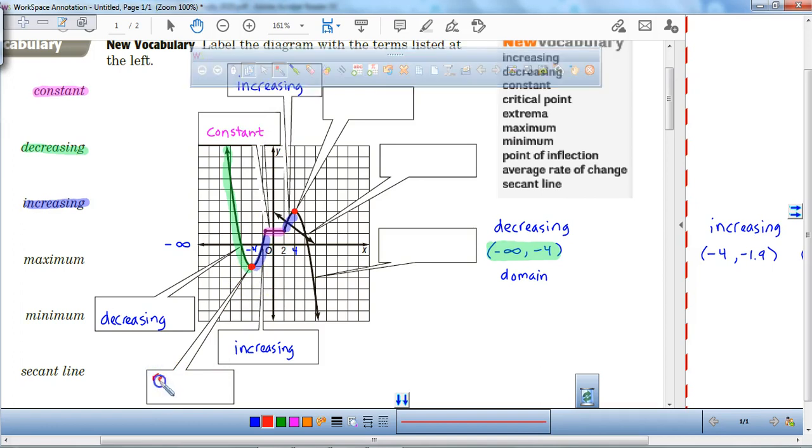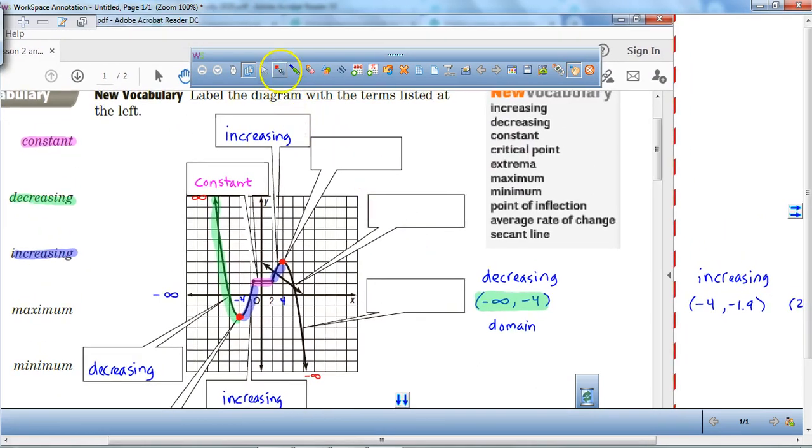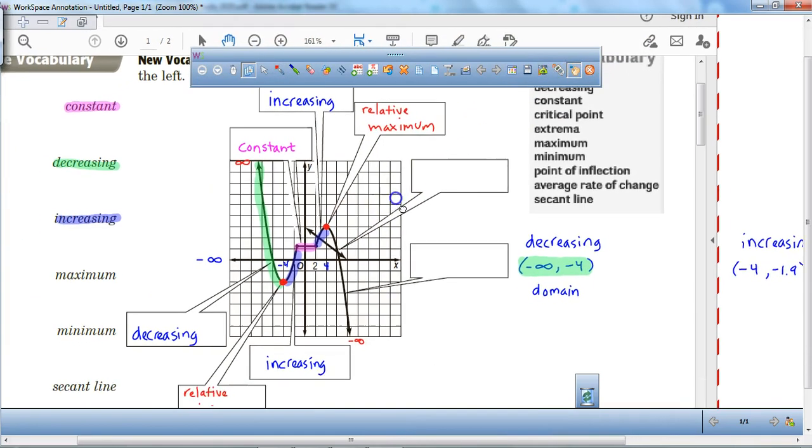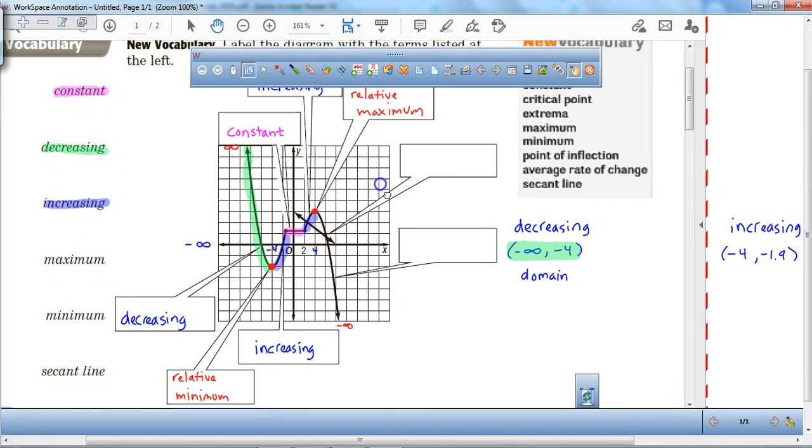I know it says minimum, but we're going to call it a relative minimum, because technically there is no absolute minimum, since this is going towards negative infinity, and up here this is going towards positive infinity. So there's no absolute maximum or absolute minimum, but over here we call this a relative maximum. So we've used maximum and minimum to describe that.